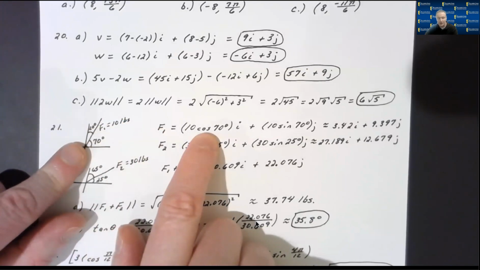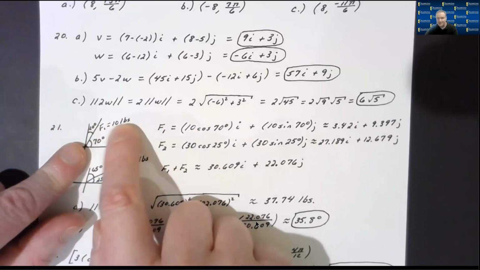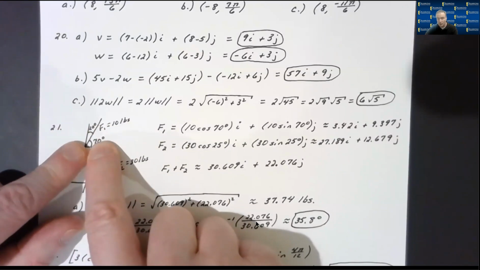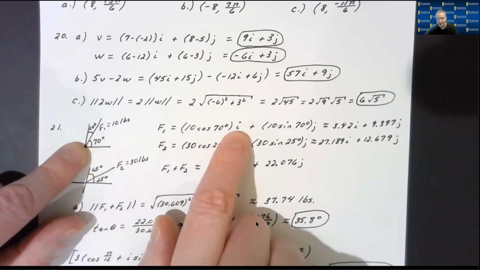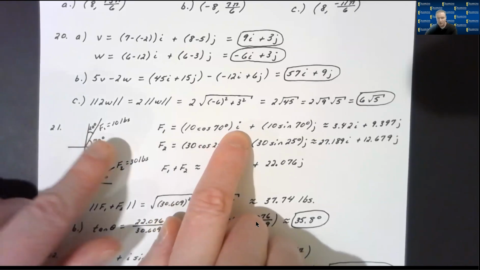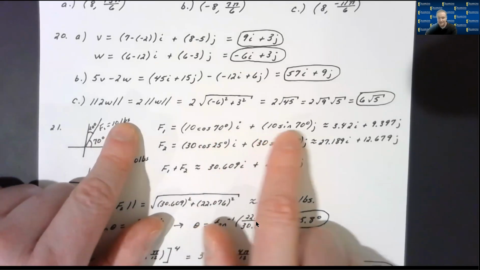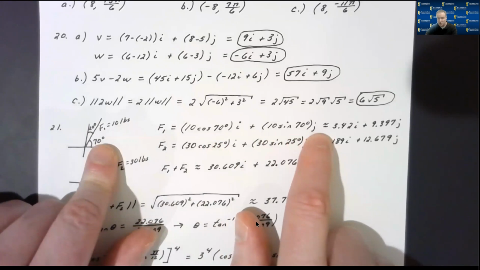It is always whatever the force is times the cosine of theta. So the horizontal component is going to be 10 cosine theta. That's the coefficient of i. The vertical component is always the force times the sine of theta. So I get 10 times the sine of 70 degrees as the coefficient of j.